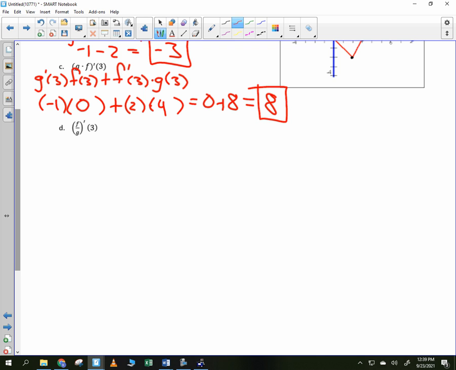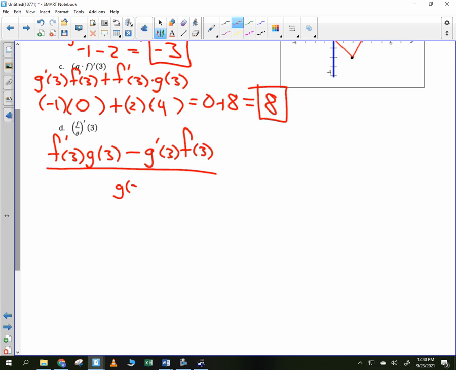Now, I do the quotient rule. Derivative of the top, f prime of 3, times the bottom left alone, plus or minus? Minus the derivative of the bottom times the top, divided by the bottom squared. What's f prime of 3? 2.